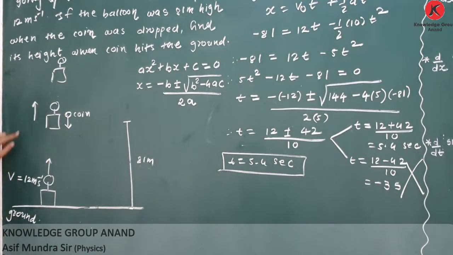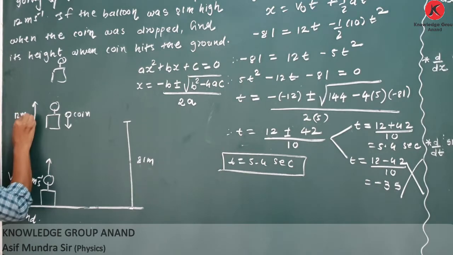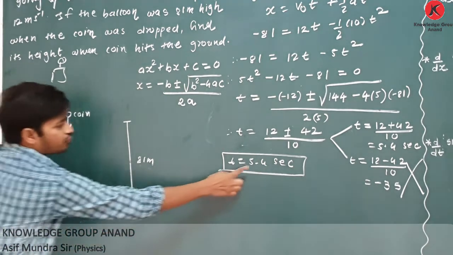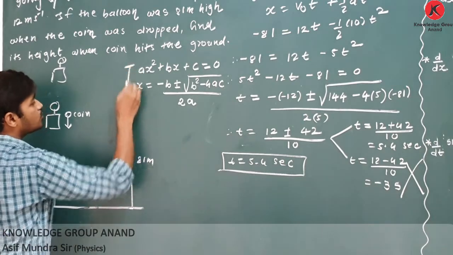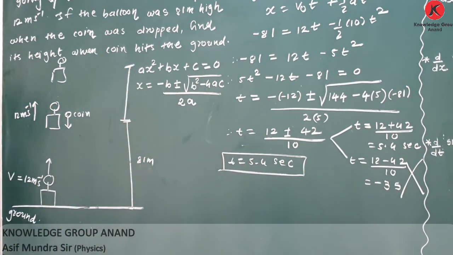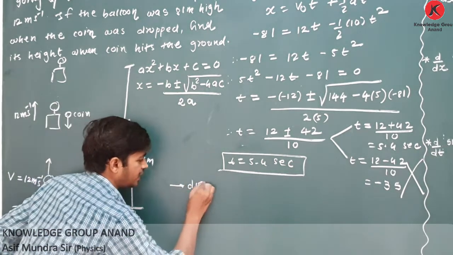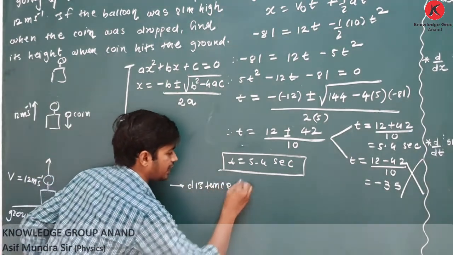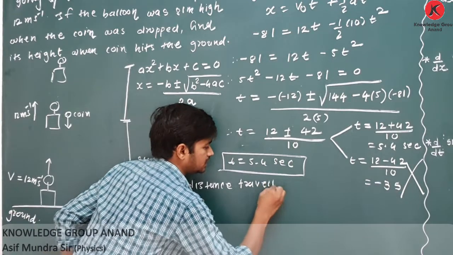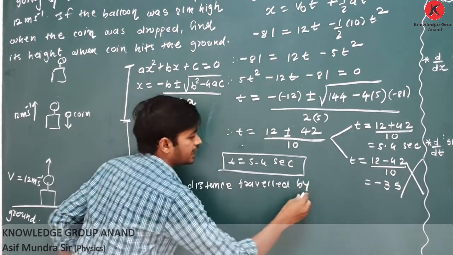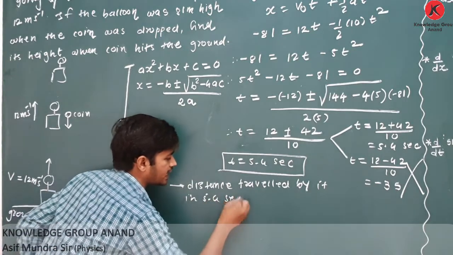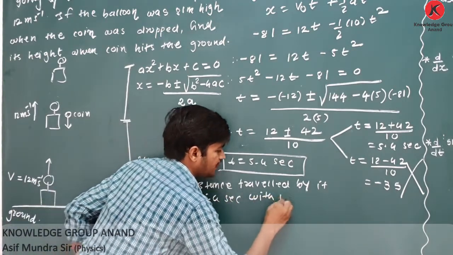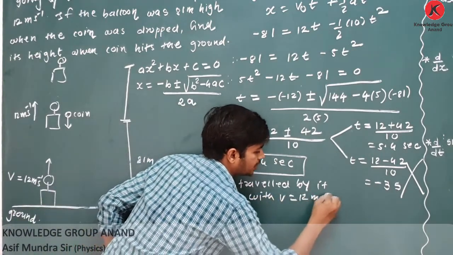So yes, with velocity 12 meter per second in time 5.4 seconds, it will travel some more distance. So what is the distance traveled by it in 5.4 seconds with v equal to 12 meter per second?